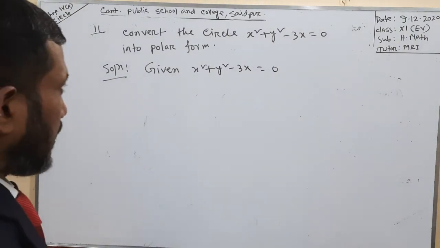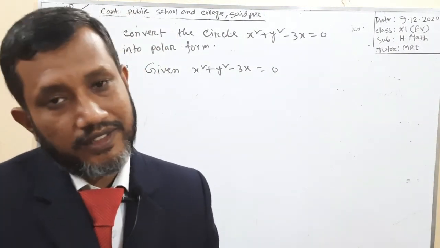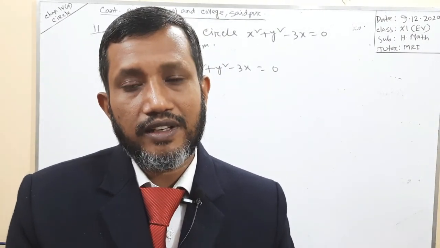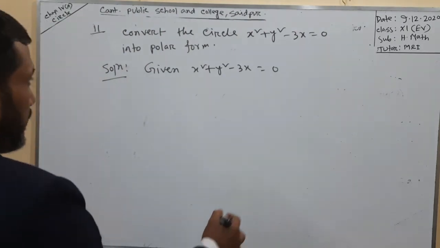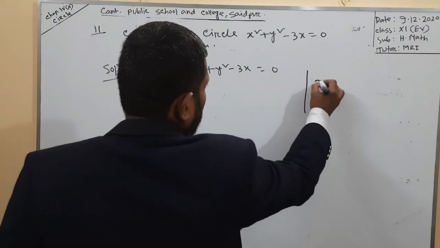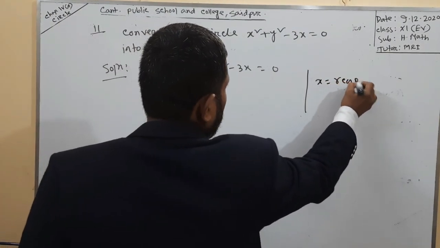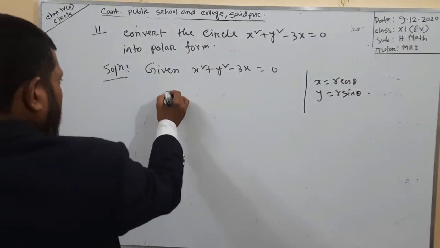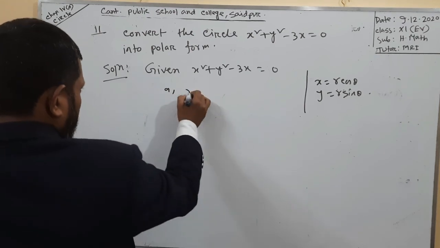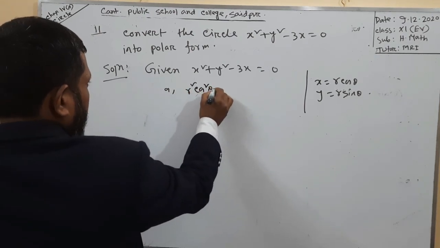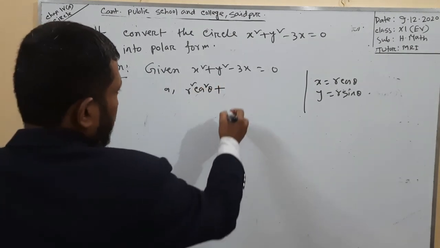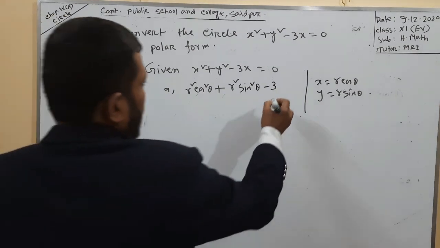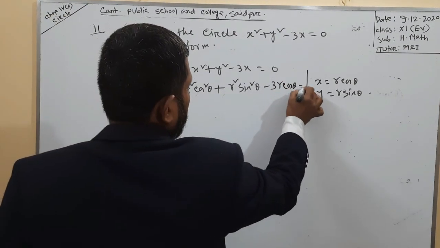We know the relation between Cartesian coordinates and polar coordinates is x is equal to r cos theta and y is equal to r sin theta. Since x is equal to r cos theta and y is equal to r sin theta, we put r square cos square theta plus r square sin square theta minus 3 r cos theta is equal to 0.